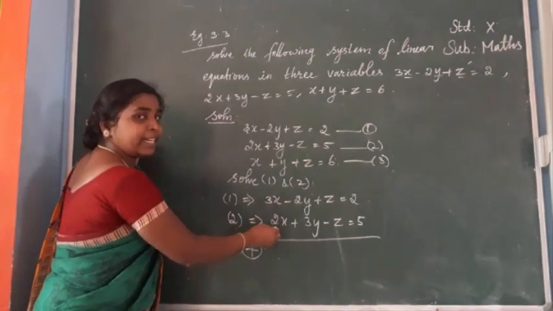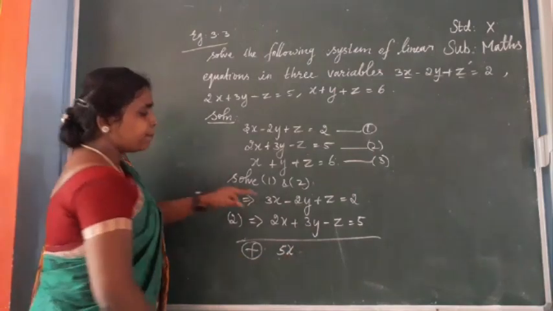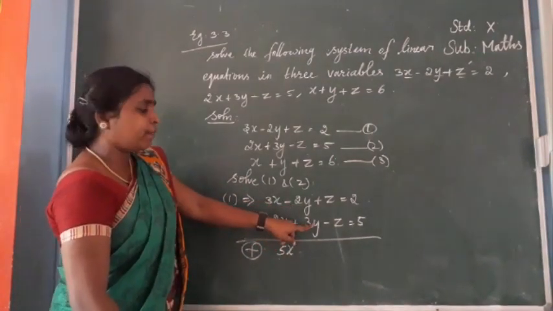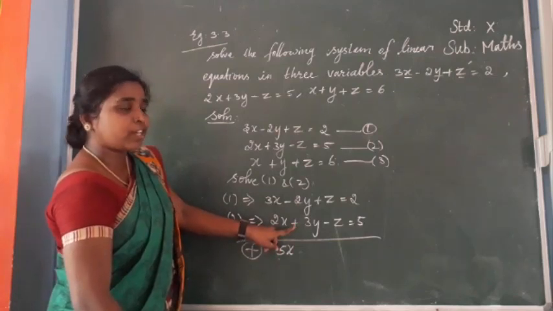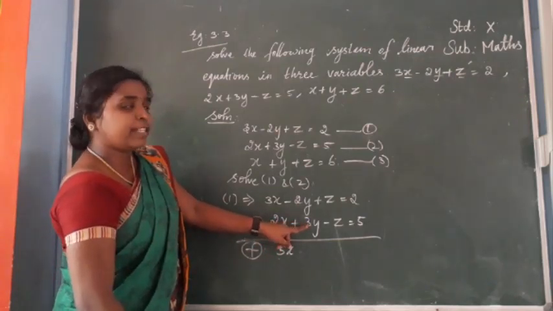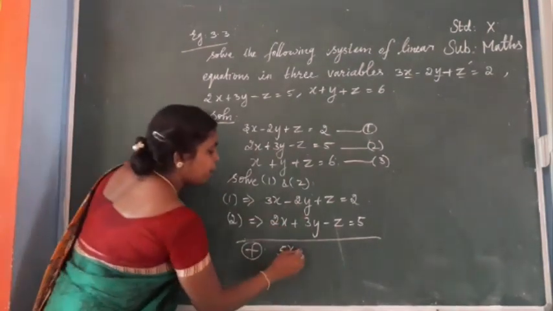Add the values 3x plus 2x, which is 5x. Next minus 2y plus 3y. One is negative, another one is positive. It is a subtraction. Before subtracting, we have to see the sign of the greater number. Here the greater number is positive, so I am putting plus.